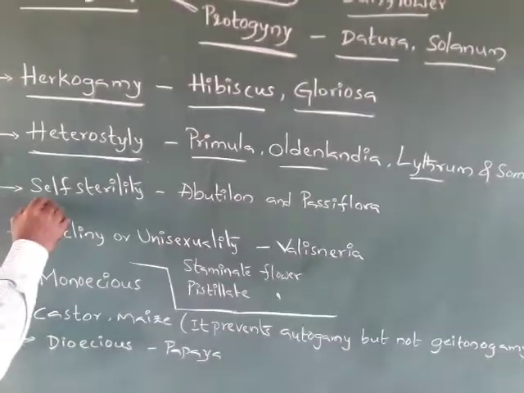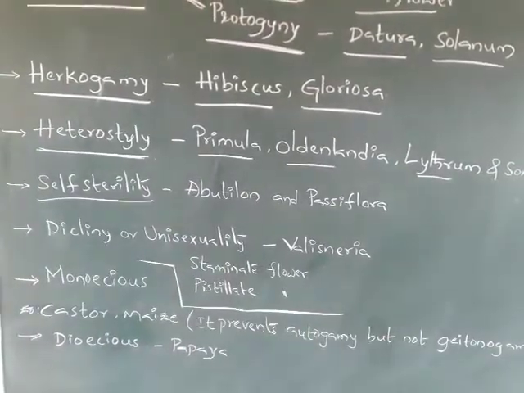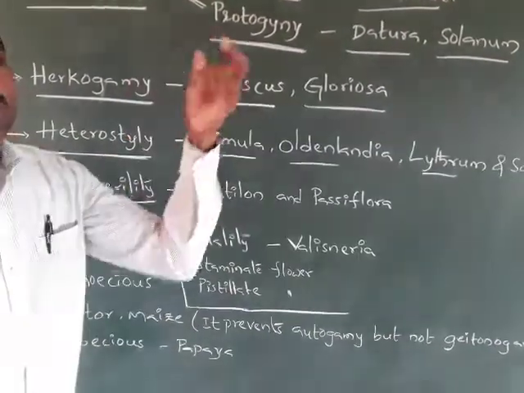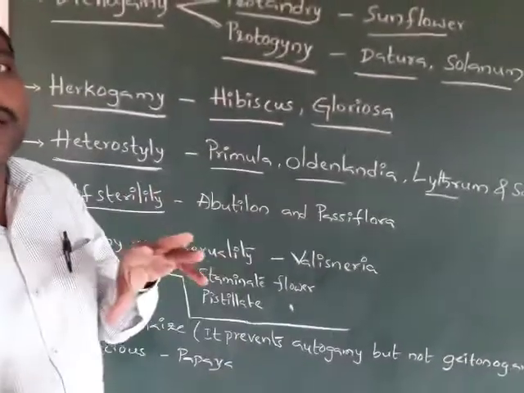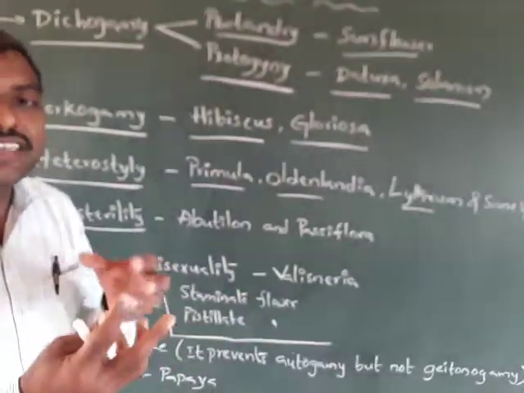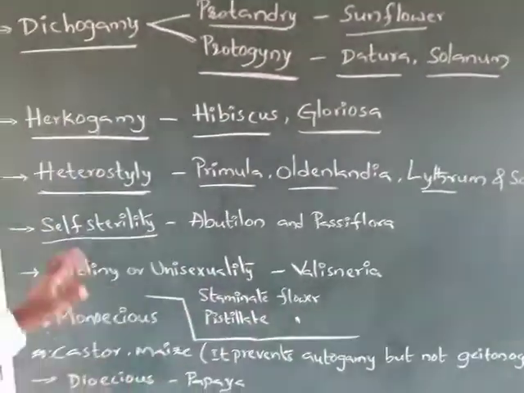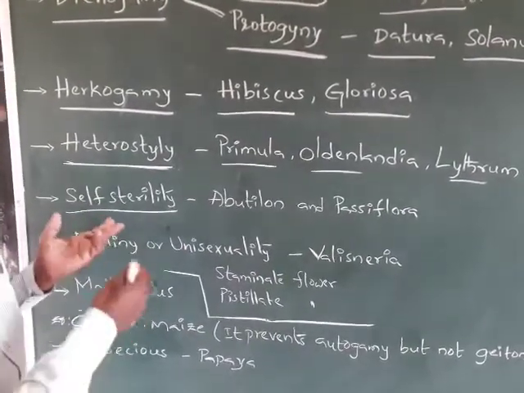And the next outbreeding technique is self-sterility. Here the pollen grains are released from the anther to the stigma of the same flower, but the pollen grains do not germinate. That is called self-sterility, which indirectly encourages cross-pollination.